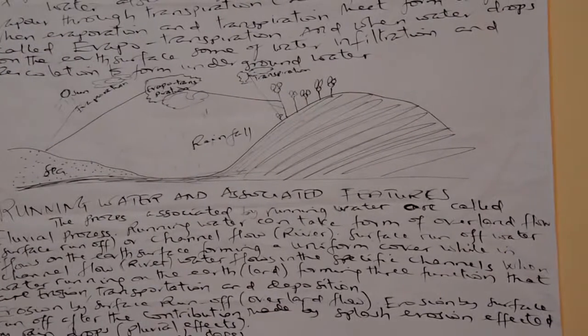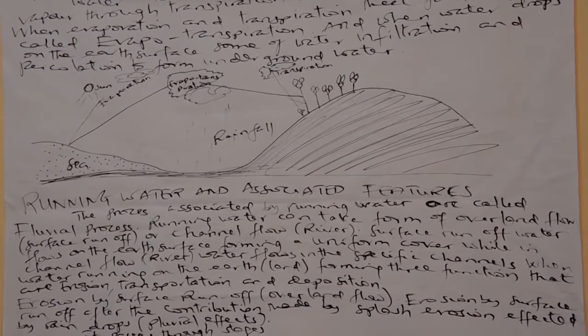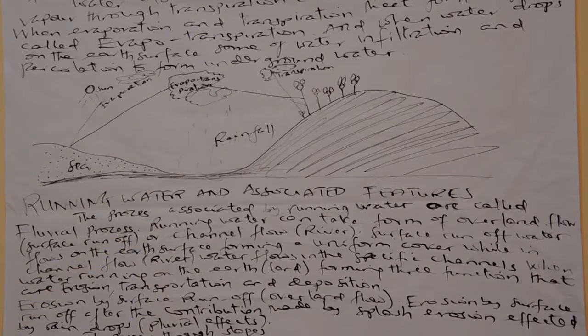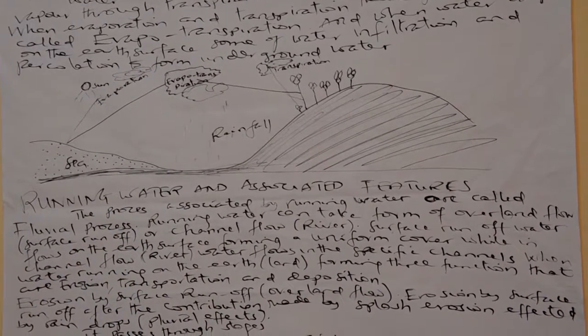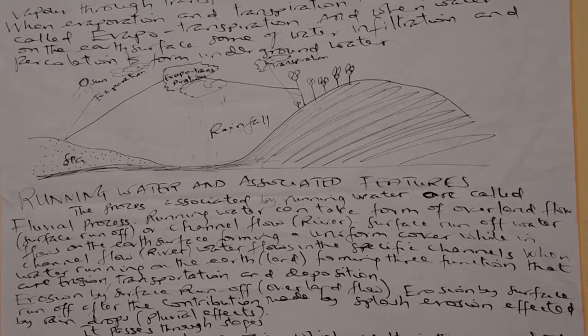Dear students, there is something called running water and its associated features. You have to remind yourself that we are talking about the topic of water masses, which is related to the subtopic or part of the Earth called the hydrosphere.